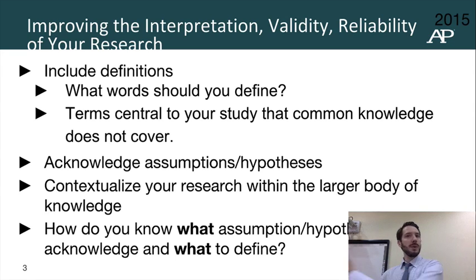You don't want to assume anything about your readers, and your writers don't want to assume anything about the research. Great research, and this is important, great research can be absolutely replicated with the same results. If I took your research and did it exactly the same way in that same environment, I should get the same results. And if you don't try to eliminate possible assumptions, it's going to be difficult to do that.